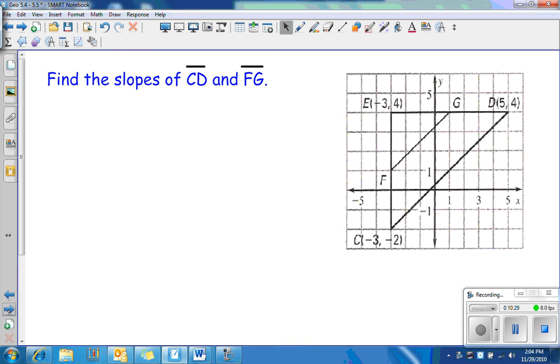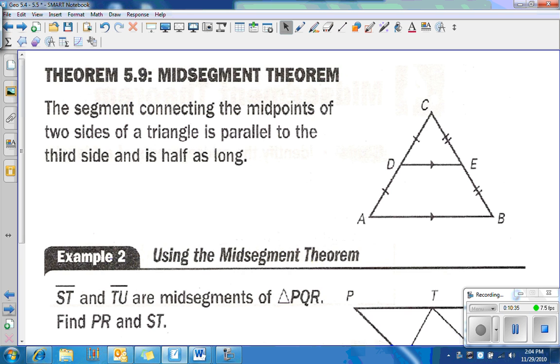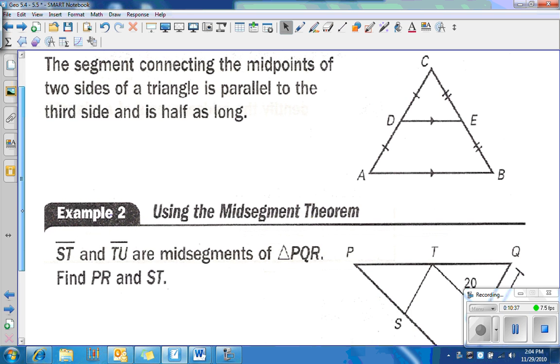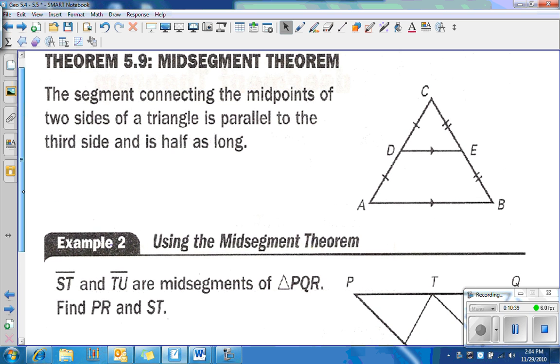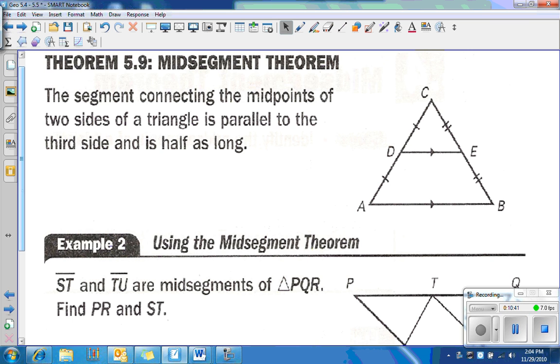All right, next. Find the slopes of CG. We've done that. I just tried to give you breaks in to do it. All right, so the segment connecting the midpoints of the two sides, DE, is always going to be parallel to AB if D and E are the midsegments of CA and CB.